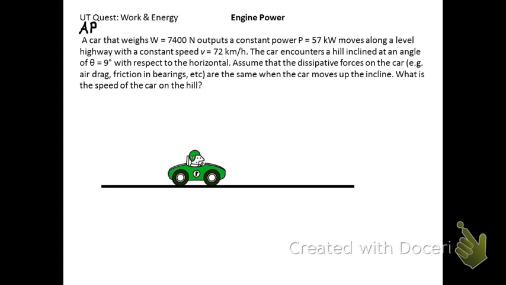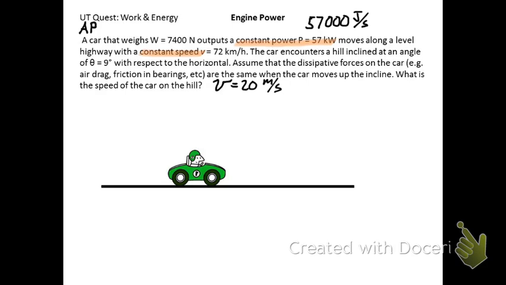Okay, the key element is that the power is constant. So whether I'm moving up a hill or not, I'm using all the power available. If this vehicle is going on a flat road at its top end speed, power is maxed out, and then I start going up a hill, the car's going to slow down.